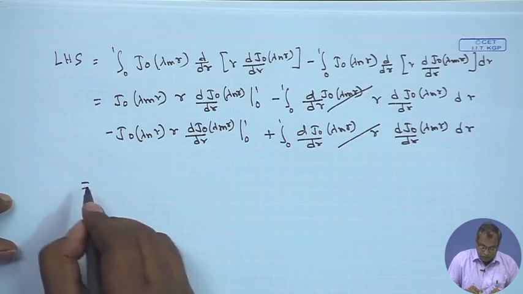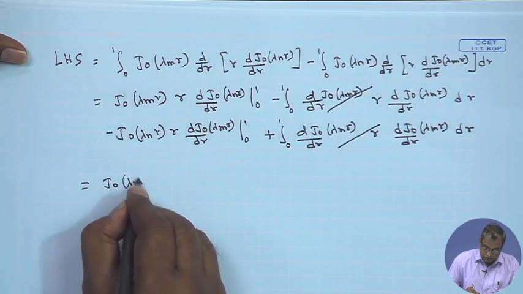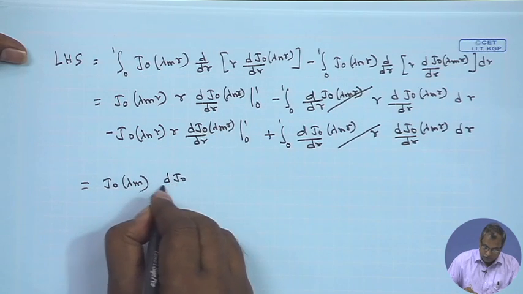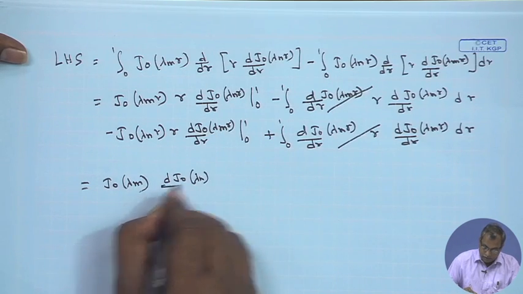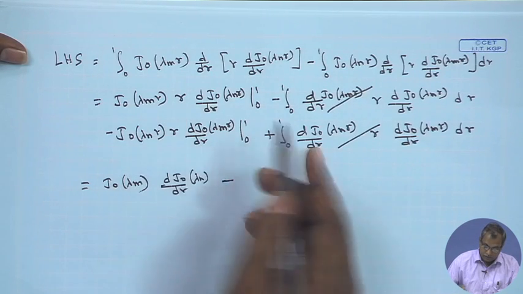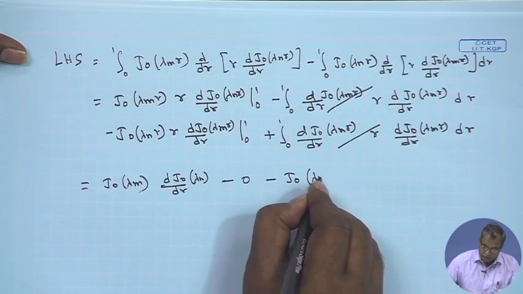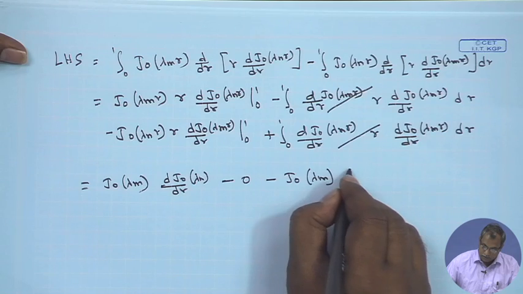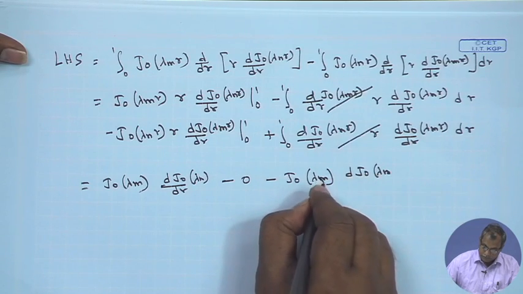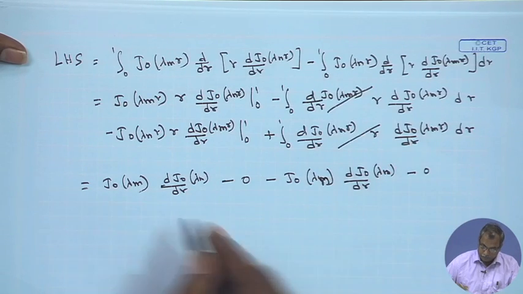Now, let us put in the boundary conditions. This is nothing but the bilinear concomitant term: r at 1, J₀(λₘ) dJ₀(λₙr)/dr, minus, when r is equal to 0, this term is 0, so it returns a value 0, minus J₀(λₙ), with r equal to 1, this becomes λₙ dJ₀(λₘr)/dr, and at r equal to 0 this will be 0.